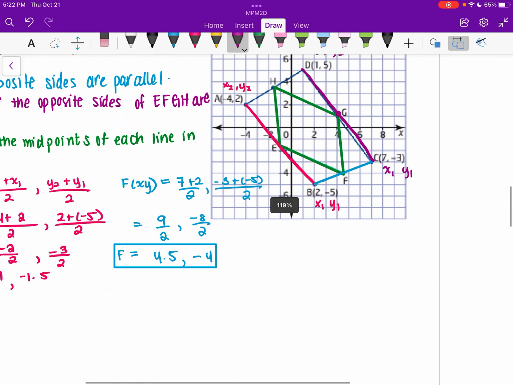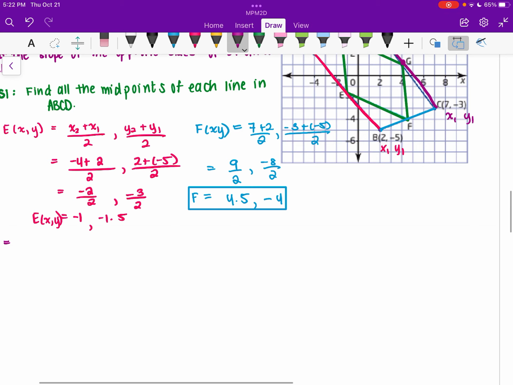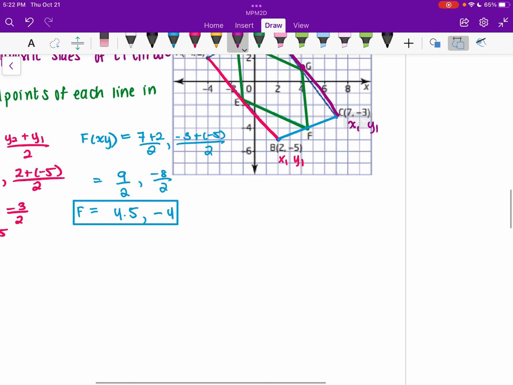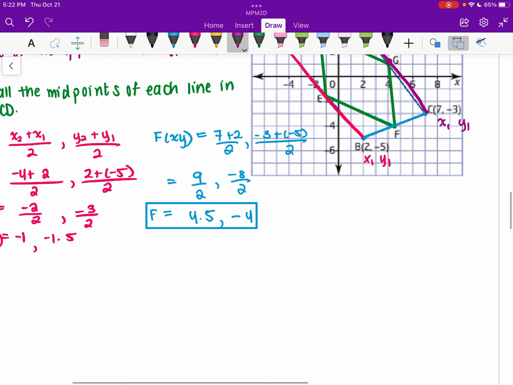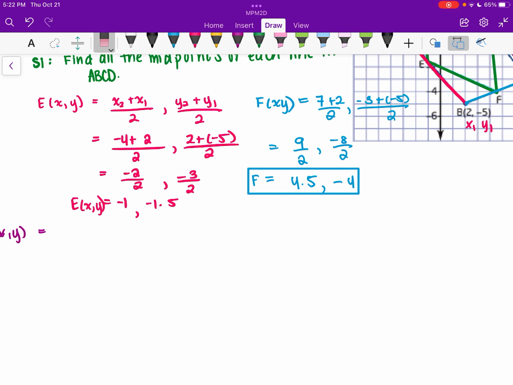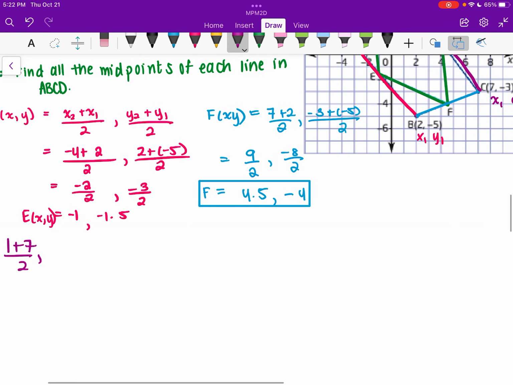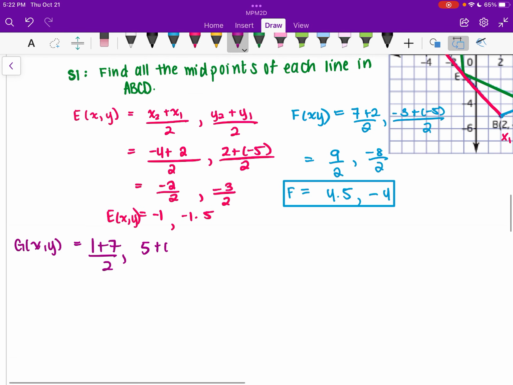So let's do 5 plus 7. Oh, sorry, 1 plus 7, not 5 plus 7, because you're just taking the two x's, divided by 2. Oh, man. 1 plus 7 divided by 2. And then our y's, which are 5 and negative 3, so 5 plus negative 3 over 2.